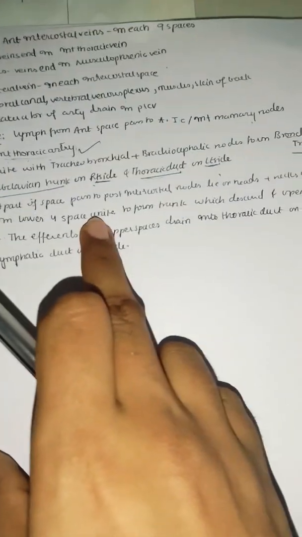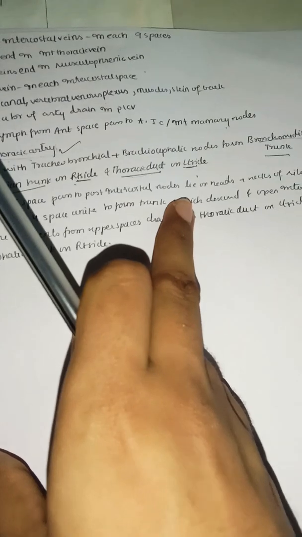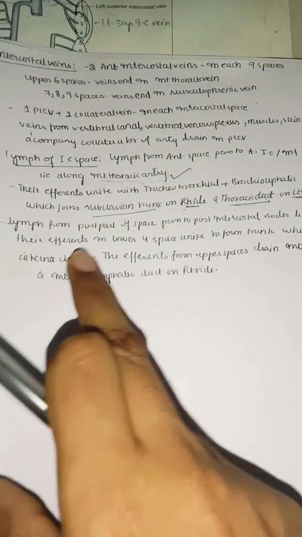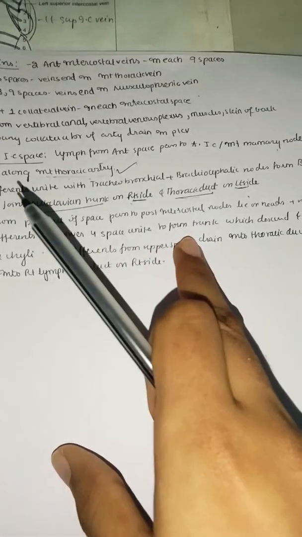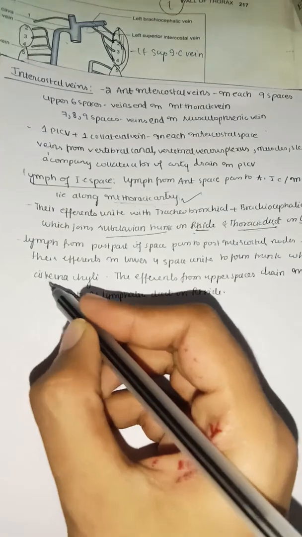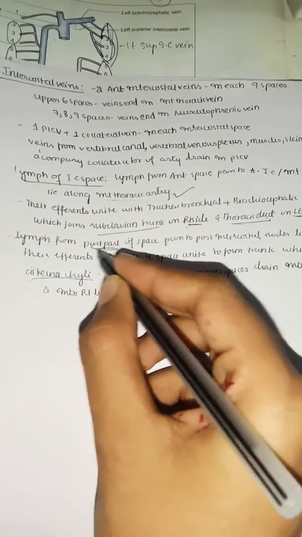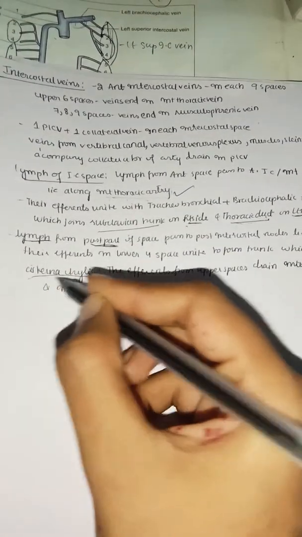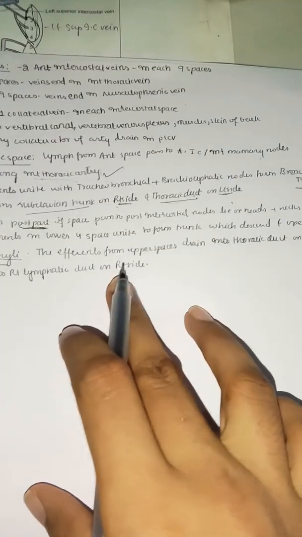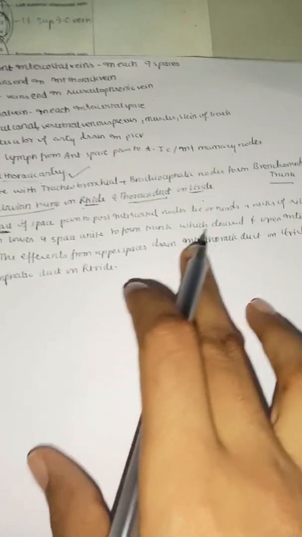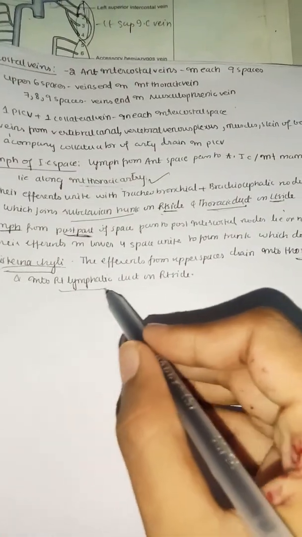It is going to the posterior intercostal nodes, which lie near the heads or necks of the rib, and their efferents in the lower four spaces unite to form a trunk which descends and opens into the cisterna chyli. This is important. So the posterior part of the lymph is draining into the cisterna chyli, and the efferents from the upper spaces drain into the thoracic duct on the left side, and of course the right lymphatic duct on the right side.